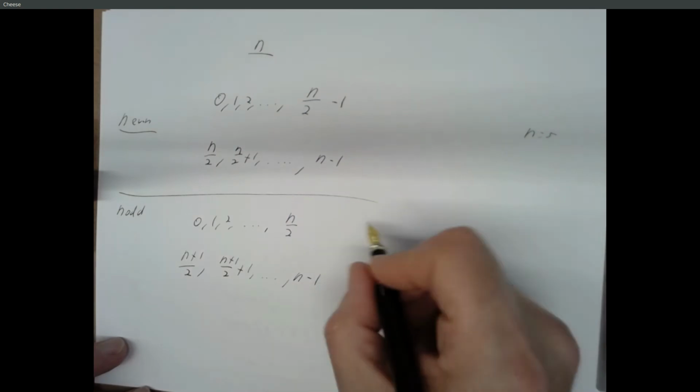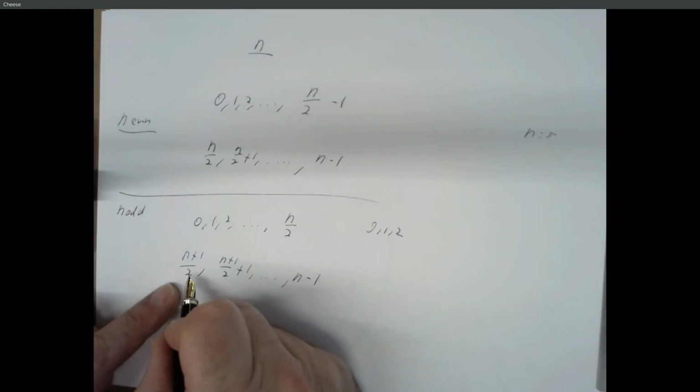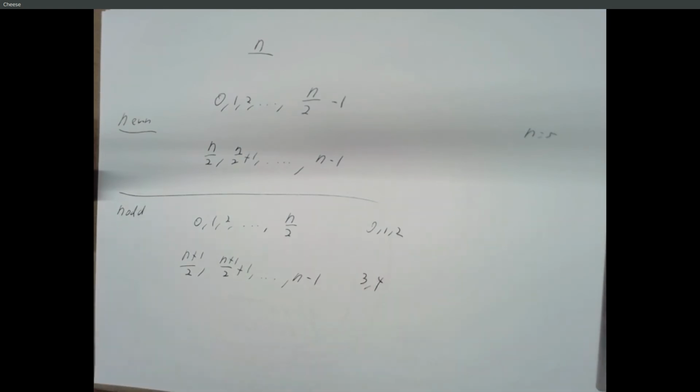So if n is 5, this would get us elements 0, 1, and 2, and this would get us elements 3 and 4. So we'd have one extra element in the first array. You could go to n over 2 minus 1, and then n minus 1 over 2 something, to roughly split it in half.